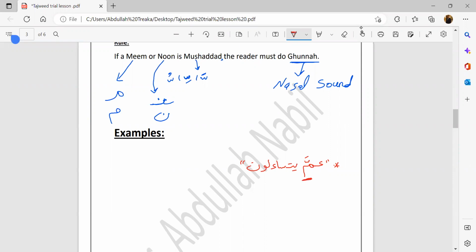This is meme, have shadda on it, shadda and fatha, okay? So we don't recite عما يتساءلون, no. We make غنة on the meme here.